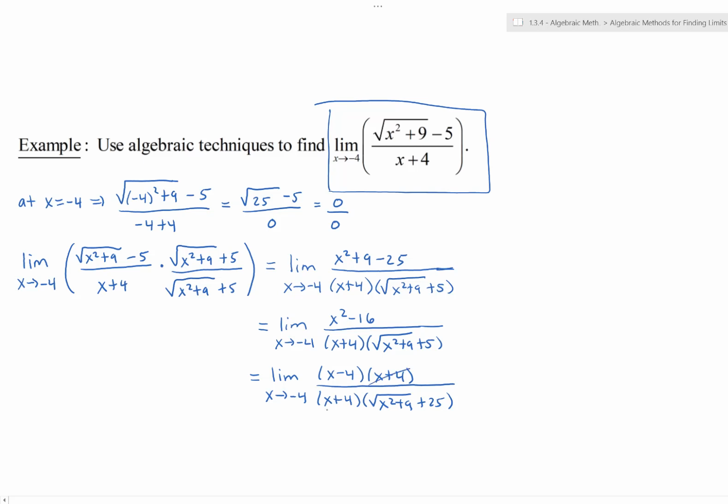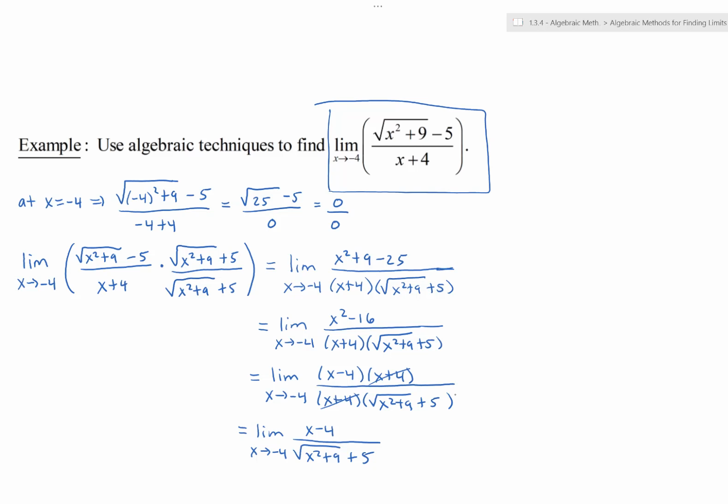In this case, x plus 4, so that's indicating some removable discontinuity in the graph. And what I'm left with is just the limit as x goes to -4 of x minus 4 in the numerator, and then the square root of x squared plus 9 plus that 5. We had a 5 on the previous part, right? Plus the 5 on the bottom.